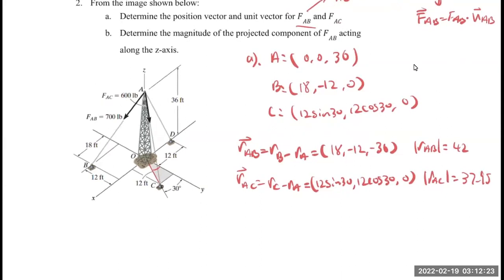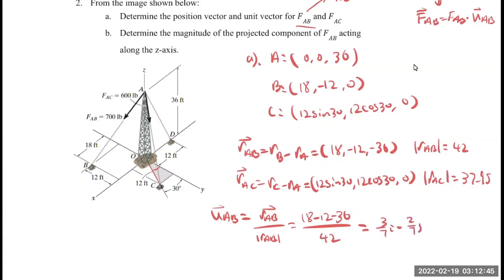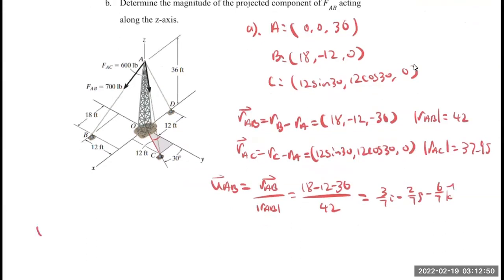Okay, so my UAB equals the RAB vector divided by the magnitude of RAB, which will be 18, negative 12, negative 36 over 42. I get 3 over 7 i minus 2 over 7 j minus 6 over 7 k. And then for UAC, same thing: 12 sine 30, 12 cosine 30, minus 0, over 37.95.